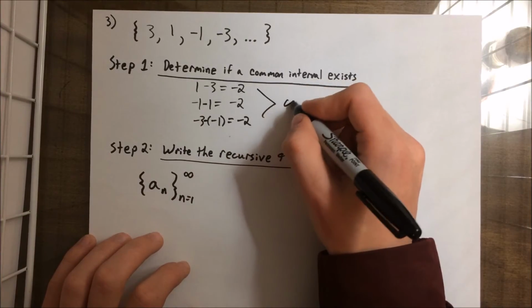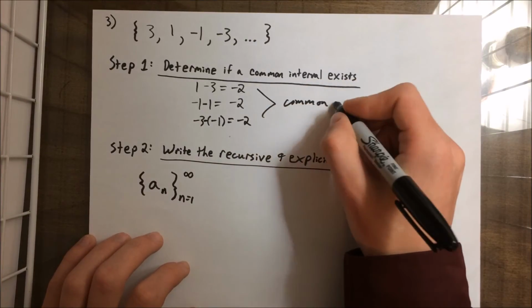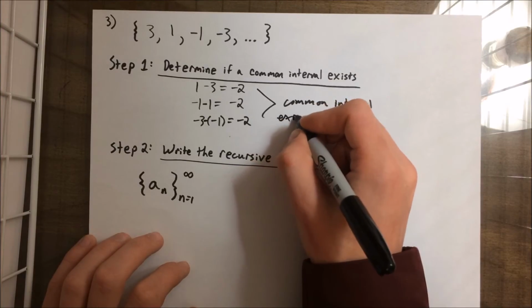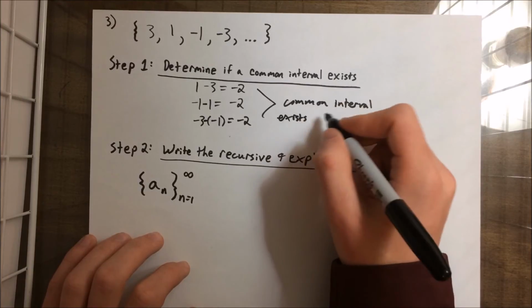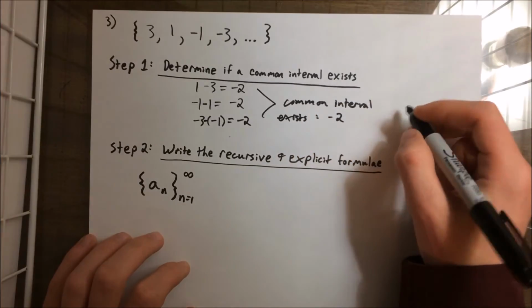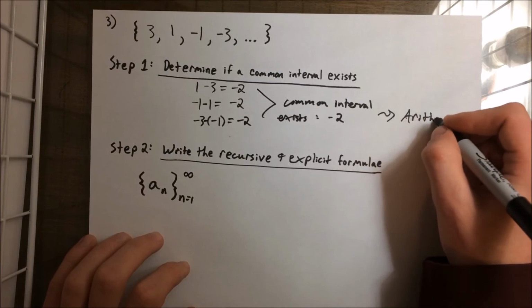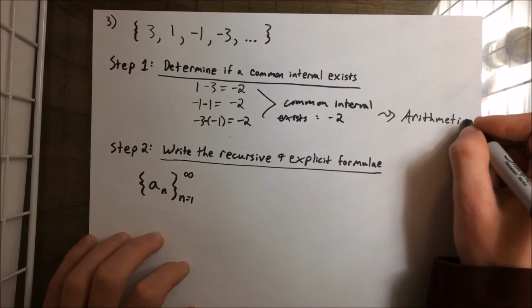So a common interval exists, and it is -2, which means this sequence is arithmetic.